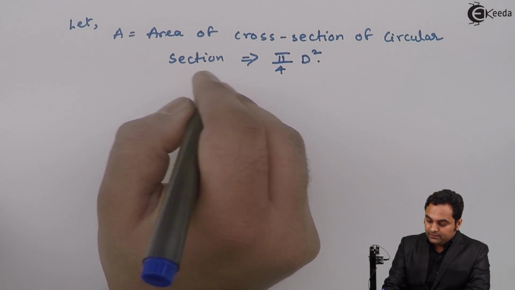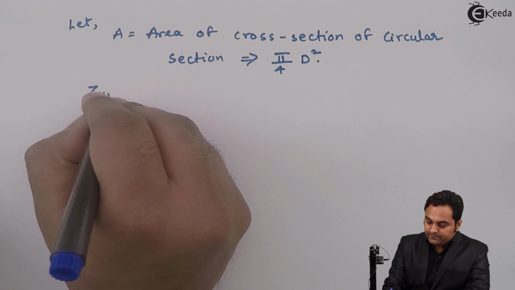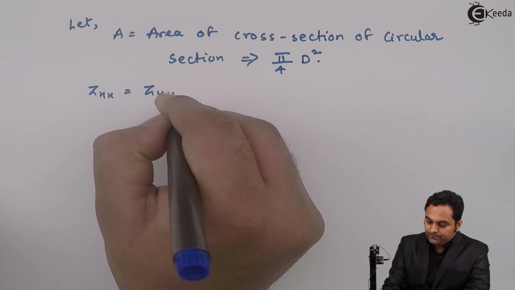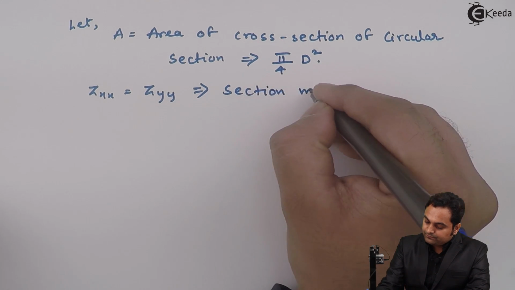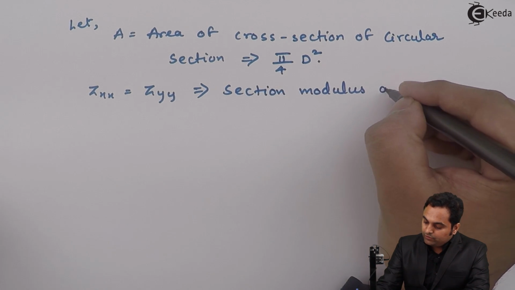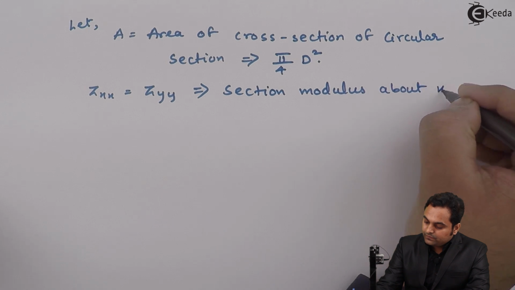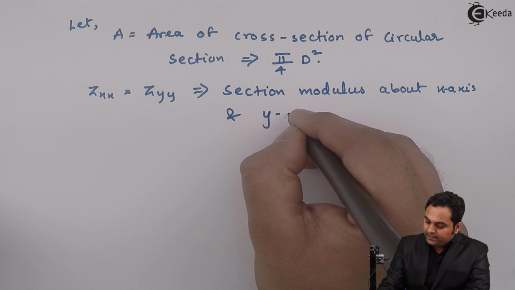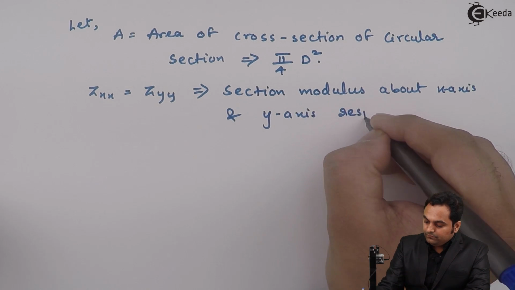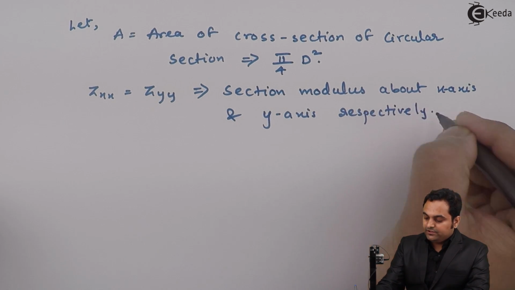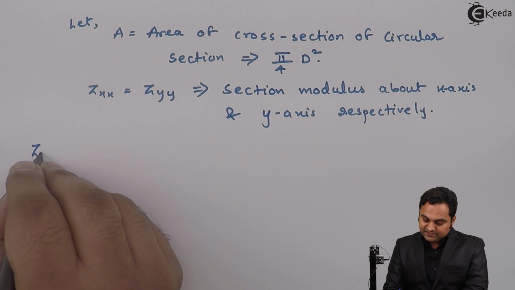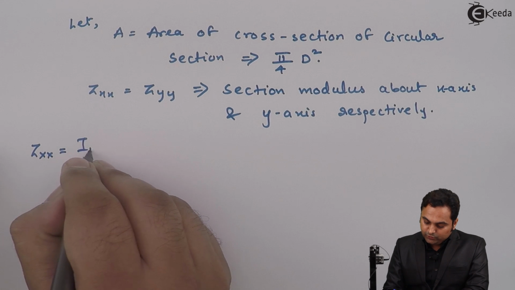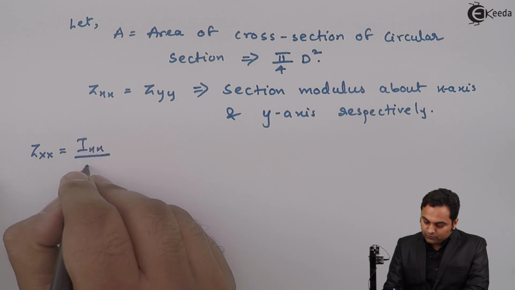Next, Zxx and Zyy, I'll say that it be section modulus about x axis and y axis respectively. Now first I'll calculate Zxx, that will be equal to Ixx upon y.